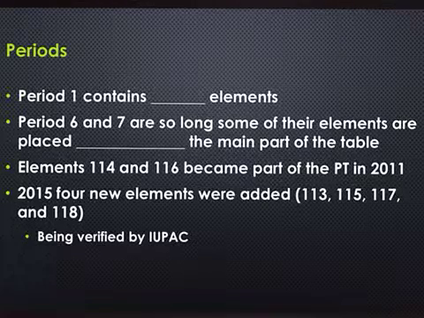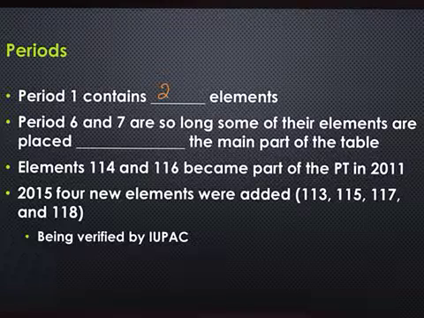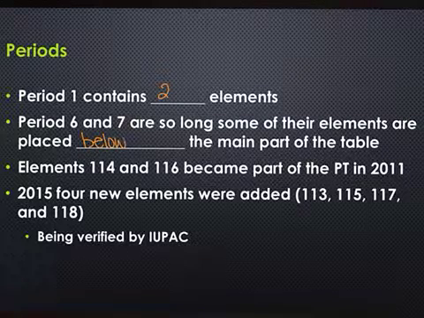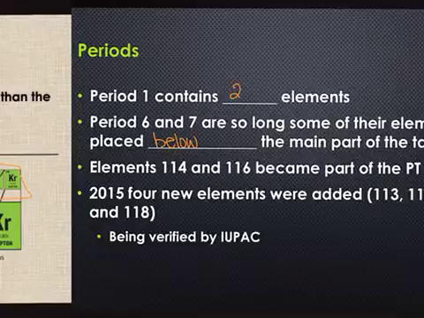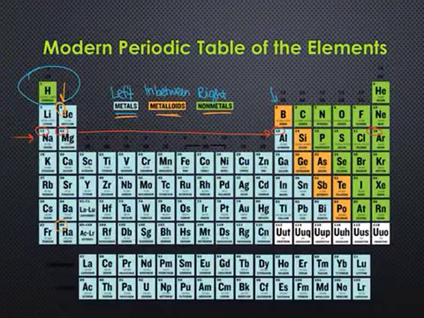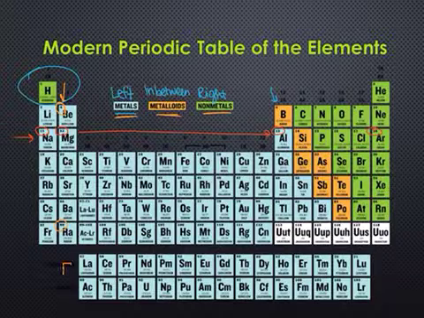So period 1 contains 2 elements, whereas period 6 and 7 are so long that some of their elements actually get placed below the main part of the periodic table. So what I mean is, if we go back and look at this periodic table, this block down here, if we match up their numbers, we'll see that they actually should be plugged in right here.